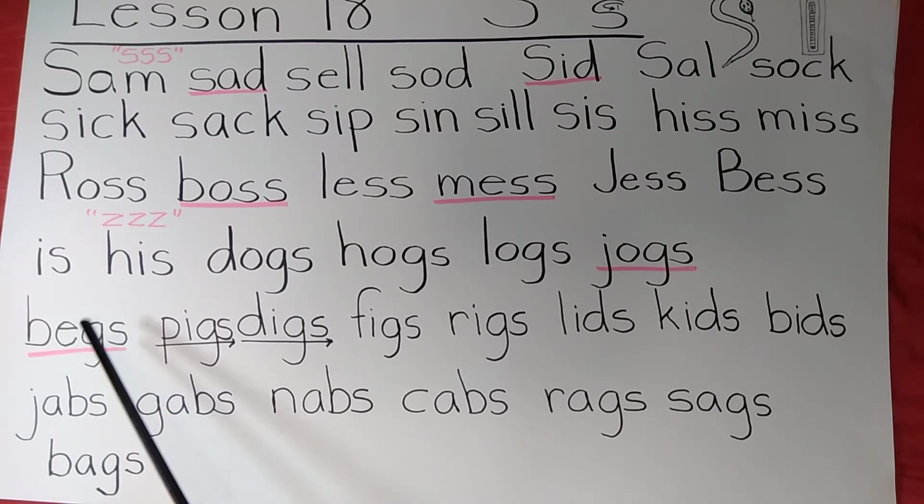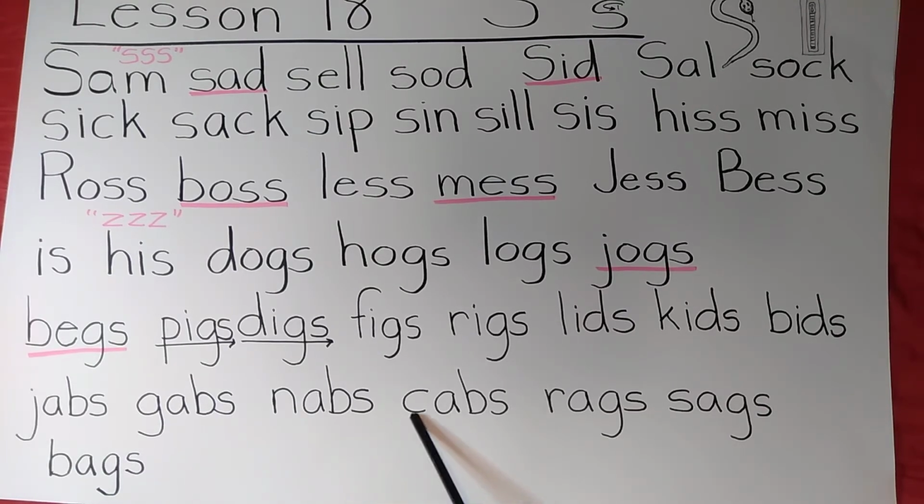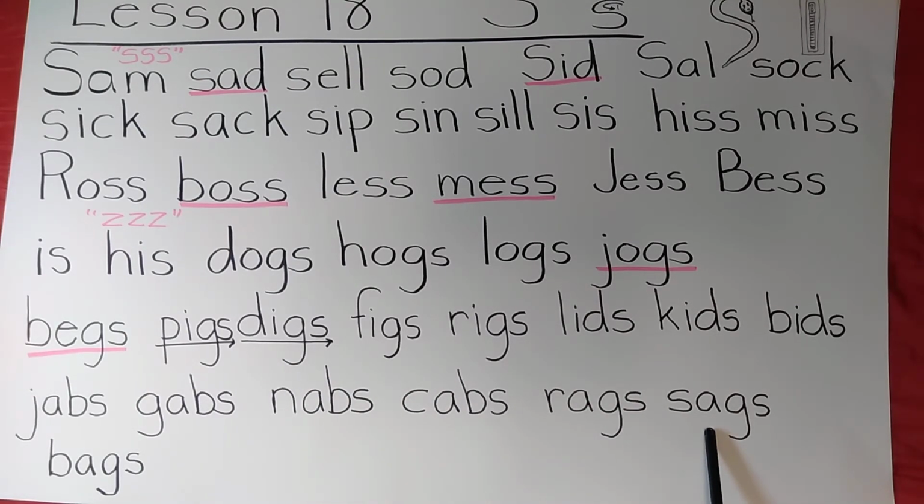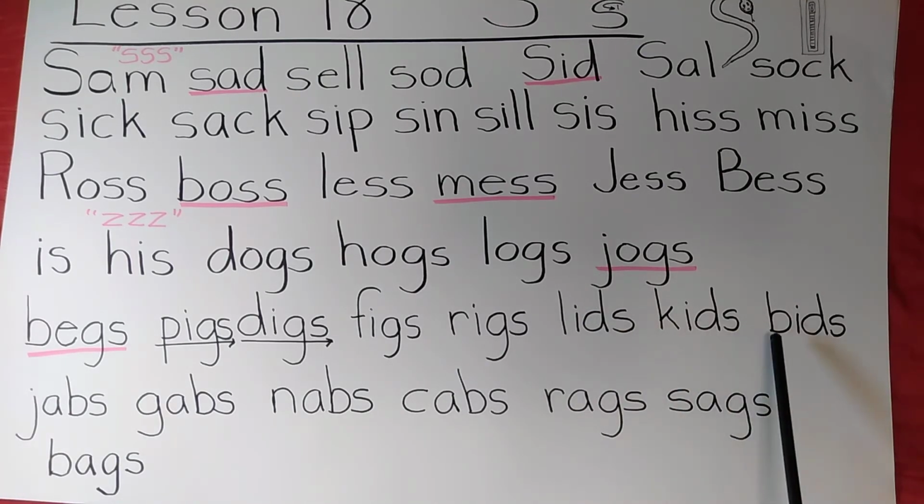And I forgot to mention that with these, again, students may need some help understanding some of these words. We've got sags, and the students may need an example of that. Another one they may need an example of is rigs.